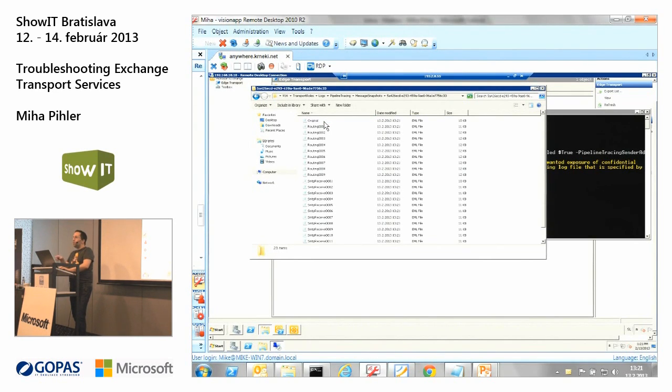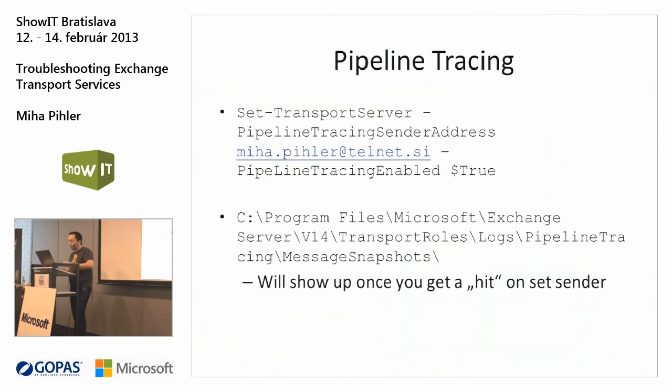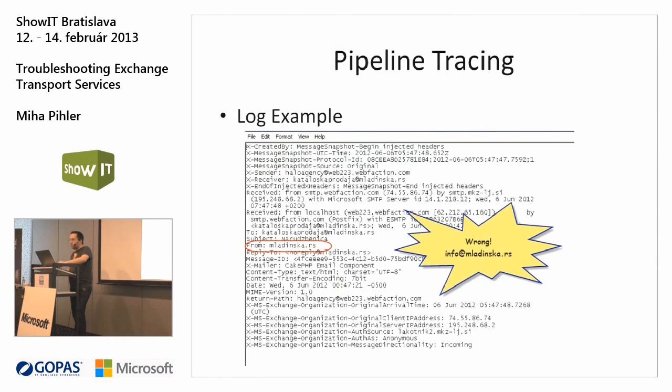But before I show you what's inside, I will also show you another problem that we were able to solve with this. It's similar to the one before. This is another company, and again they have a problem with mail delivery. The sending site is claiming they are sending, and we were able to see the message in the agent log file, but it was never delivered to the user.